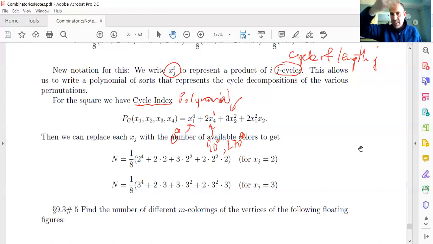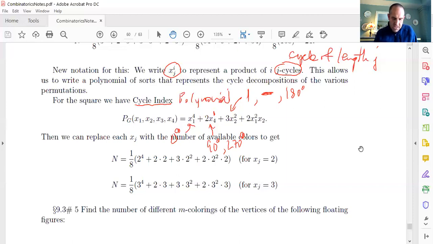And then there was A goes to D and B goes to C. That was the horizontal reflection. And then in 180 degree rotation, A went to C, C went to A, and B and D flipped back and forth. So there was vertical, there was horizontal, and the 180 degree rotation.